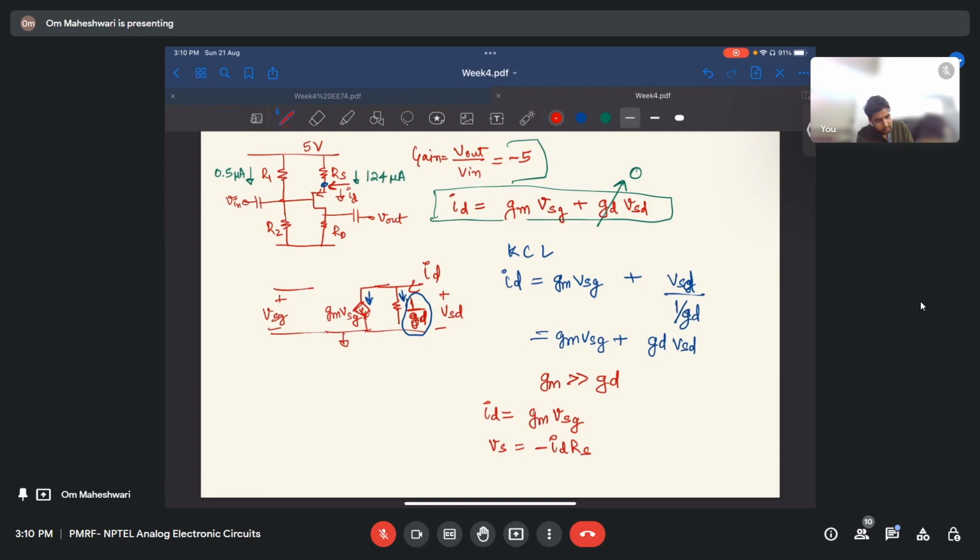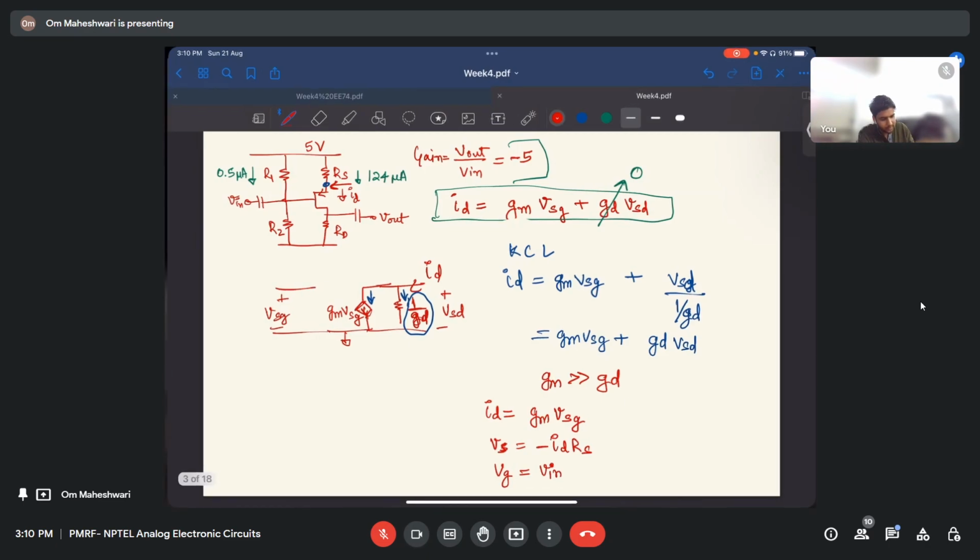The AC voltage here. Please stop me whenever you feel like something is not clear. And Vg is V in. Let me clarify again.